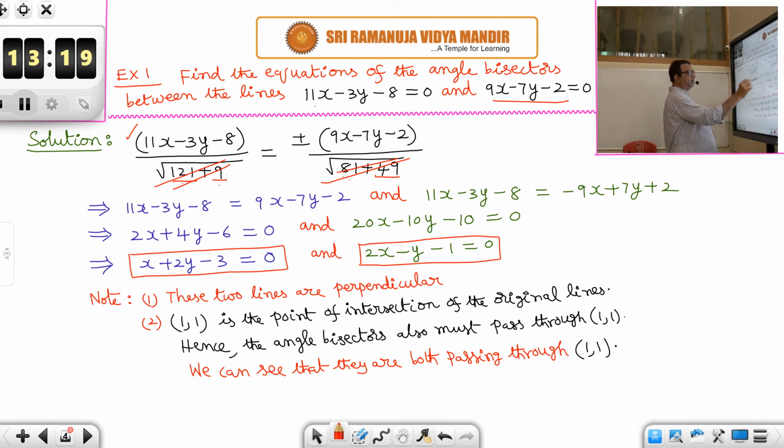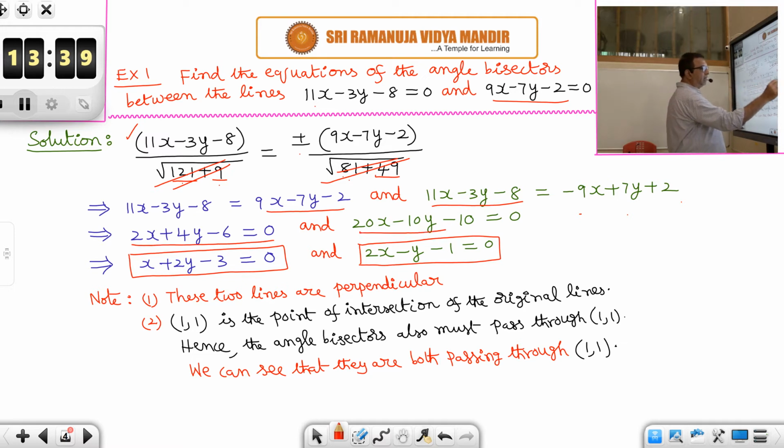11x minus 3y minus 8 equal to, taking the plus sign on the right side, 9x minus 7y minus 2. And the second case, left hand side the same, but on the right hand side I take a minus sign. Therefore, minus 9x plus 7y plus 2. Then simplify. First line 2x plus 4y minus 6 equal to 0.